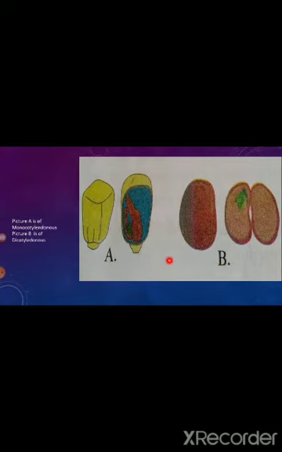I will explain this in the fruits topic, but I want to tell the most important thing: when there is a dicotyledonous seed, the plant has taproot, and when there is a monocotyledonous seed, plants have fibrous root. So please keep it in your mind.